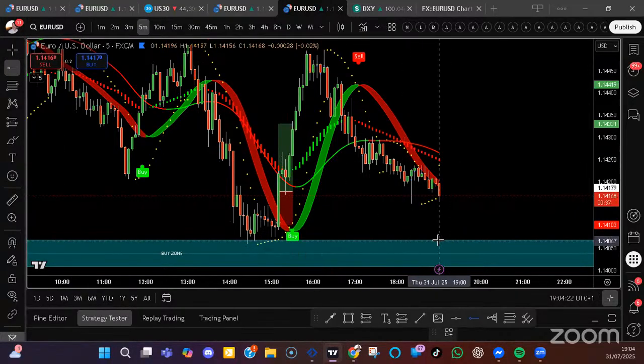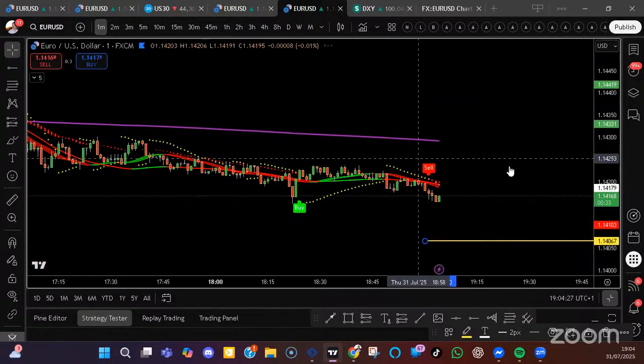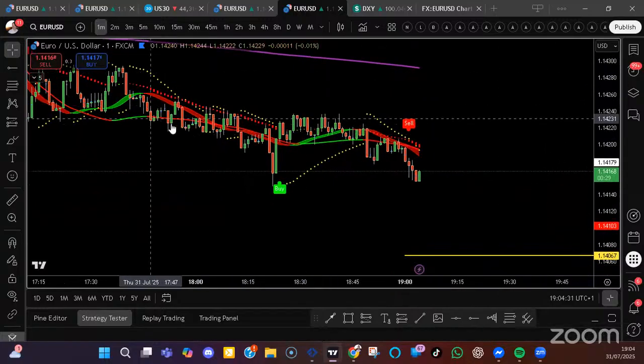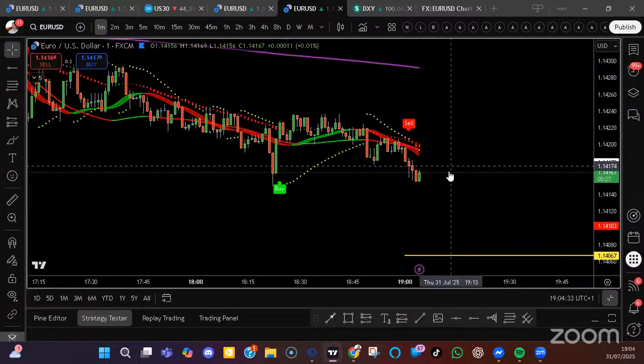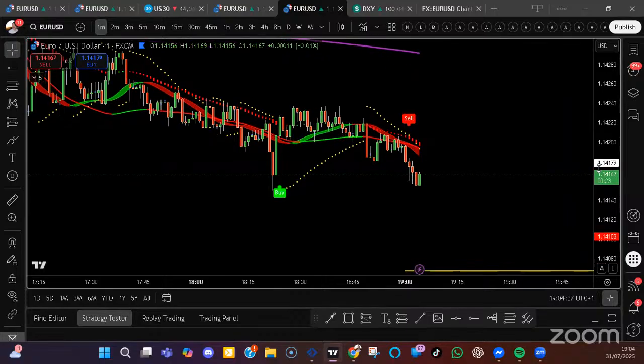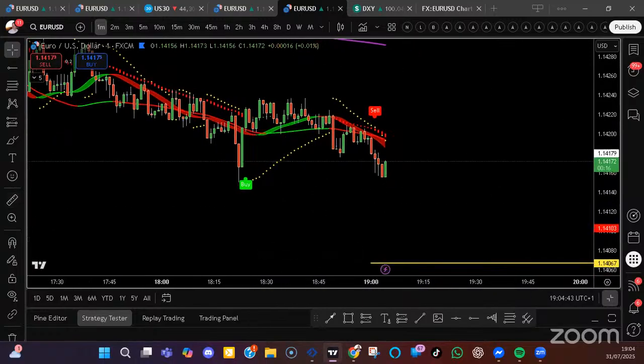Horizontal ray. Let's go back on the minute. And as you can see, I don't like the look of this, the way price is going. It's a lot more sideways consolidated movement, so I wouldn't mind paper trading this one anyway.